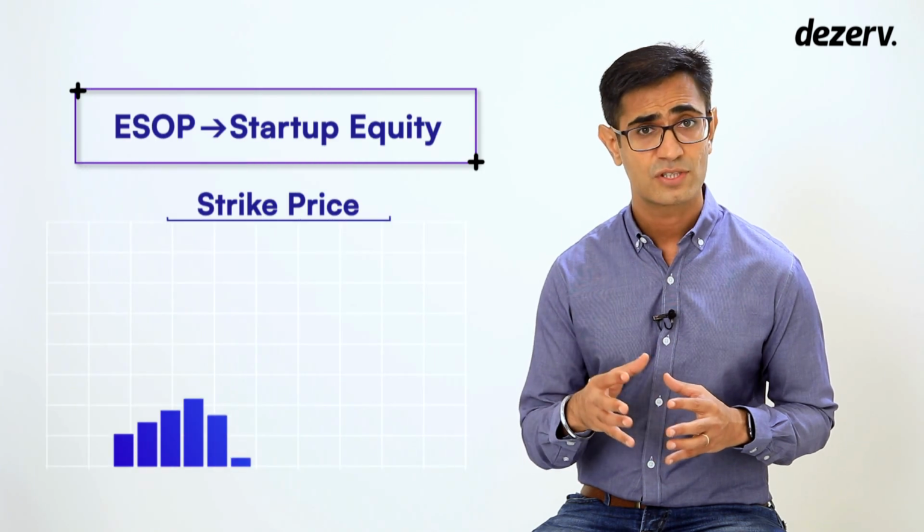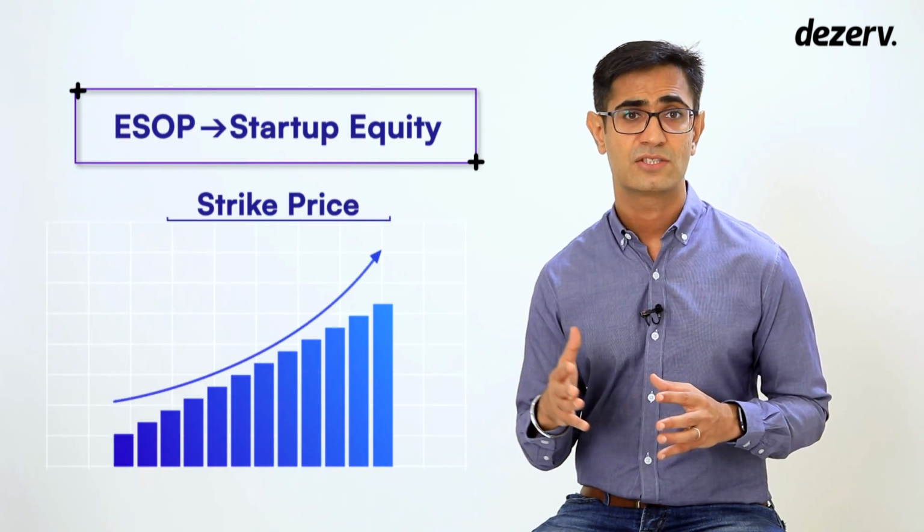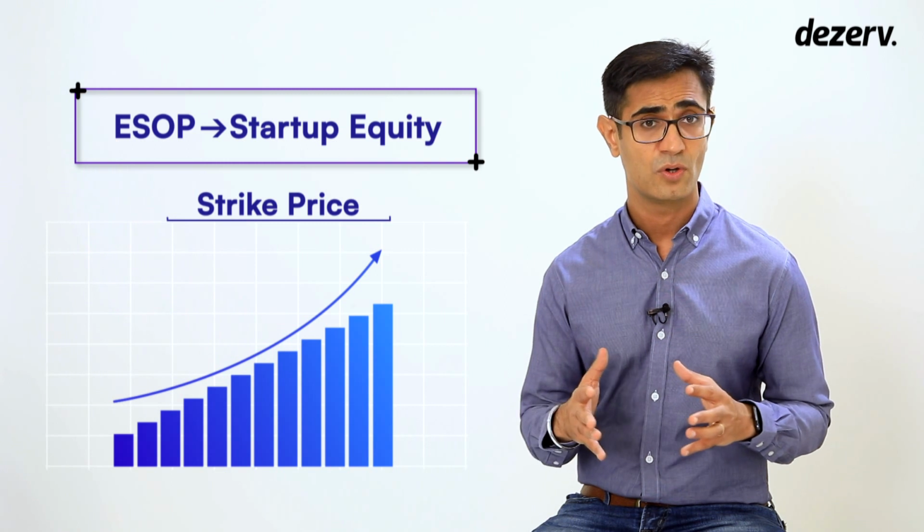We will discuss the taxation aspect in just a bit later in this video. So in our example, you could exercise your 5,000 ESOPs for as low as say ₹5,000 plus taxes. And if your startup grows rapidly, these stocks can potentially be worth a lot more.